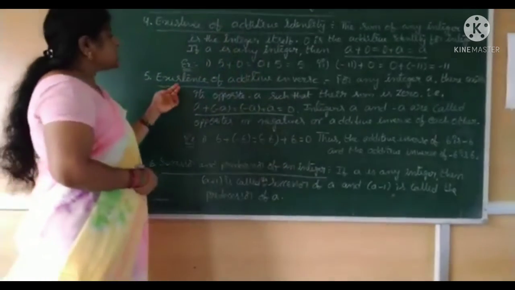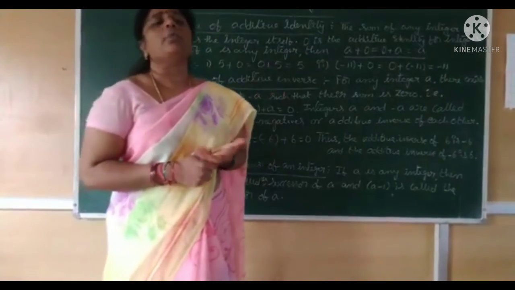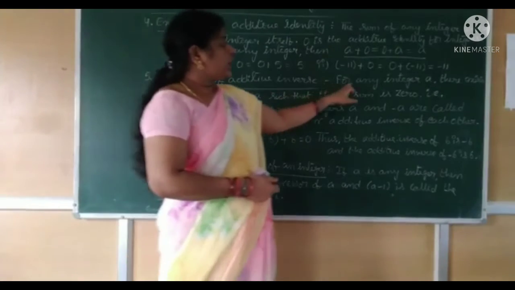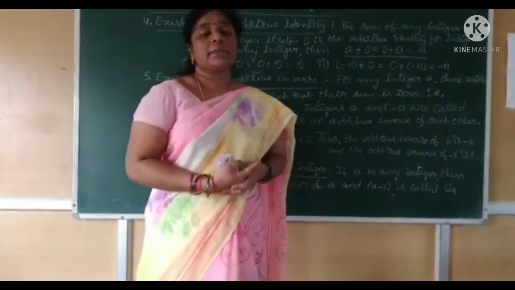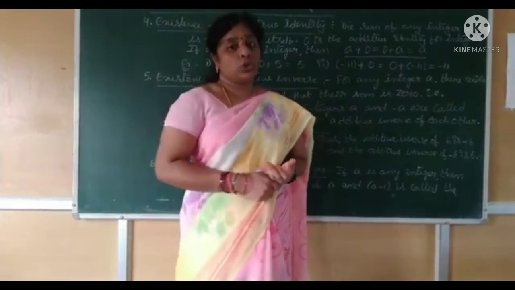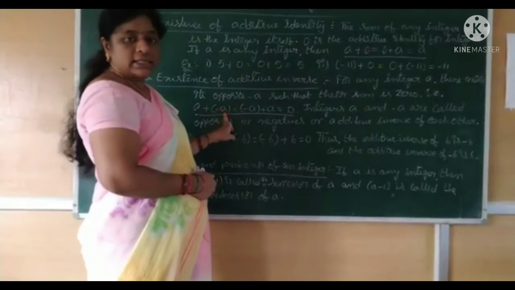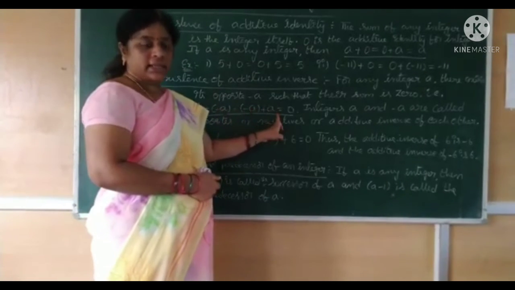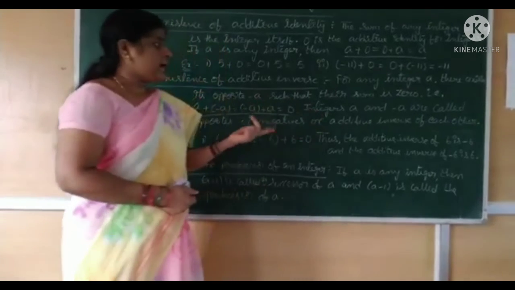Okay, next. Existence of additive inverse. Additive inverse is nothing but opposite. For any integer a, there exists its opposite minus a, such that its sum is always 0. Means a plus minus a, or minus a plus a, equals 0.